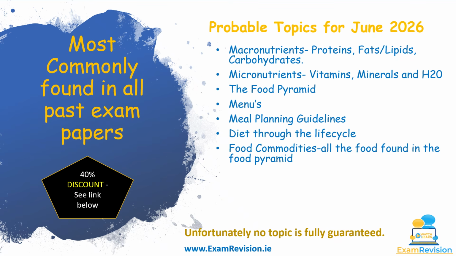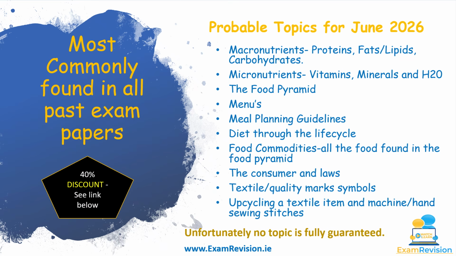So these are all your foods in the food pyramid, for example meat, fish, eggs, veggies, cereals. The consumer and their laws, textiles and quality mark symbols, upcycling a textile item, and machine and hand sewing stitches, okay?